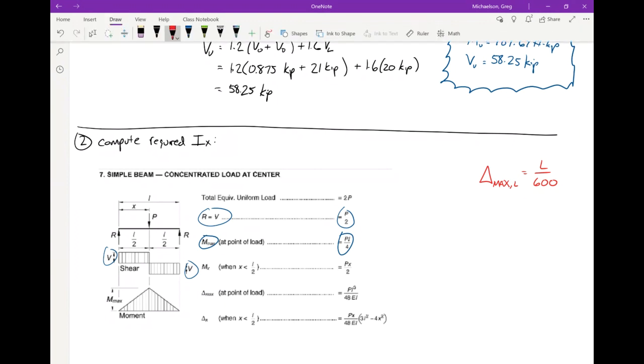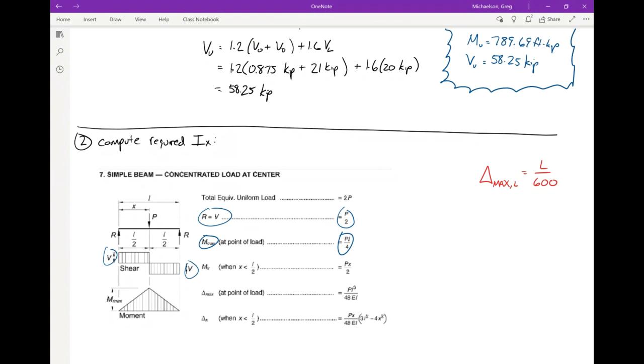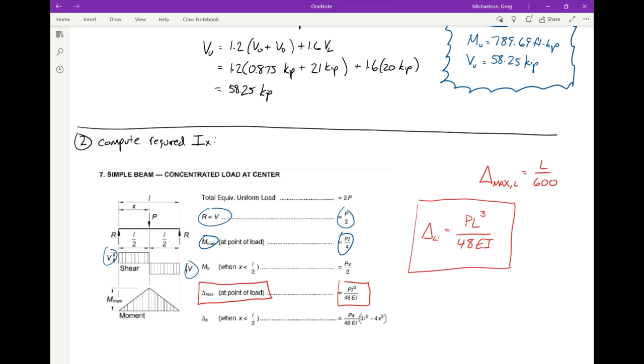But what I'm interested in here is the maximum deflection. For a beam with load at midspan, the live load deflection is PL cubed over 48 EI. That's our live load deflection formula, and our limit is L over 600.